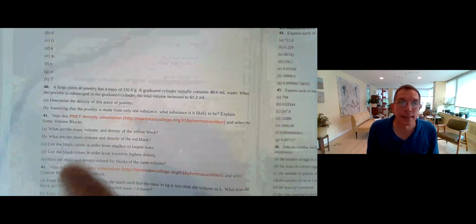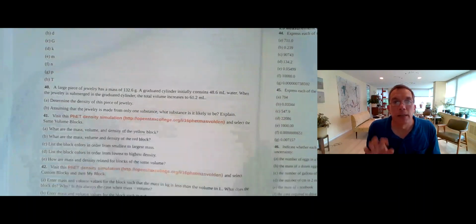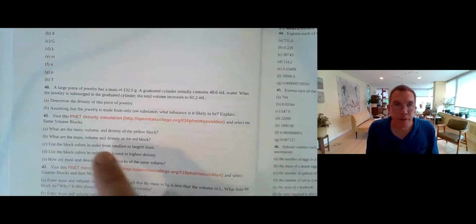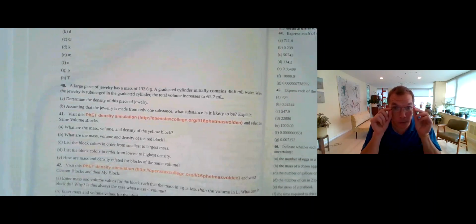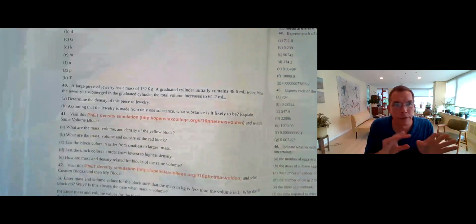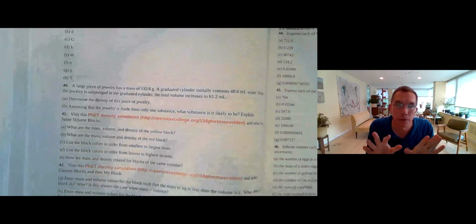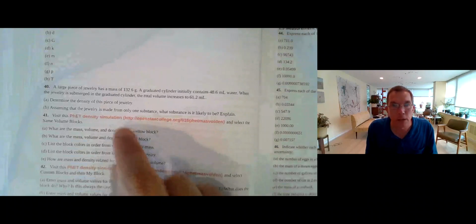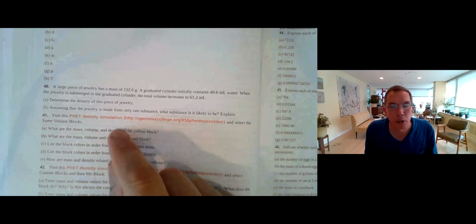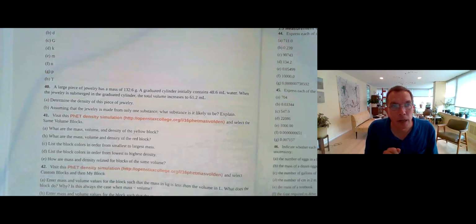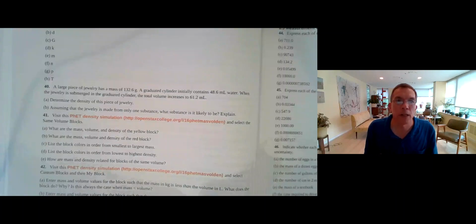There's no reason not to click on those things and use them. PhET used to use Java, and as the world moved away from Java, PhET has had to change to using a different platform, so hopefully they still work. But if these work on your computer, use them, and don't just play with the videos, study the videos.